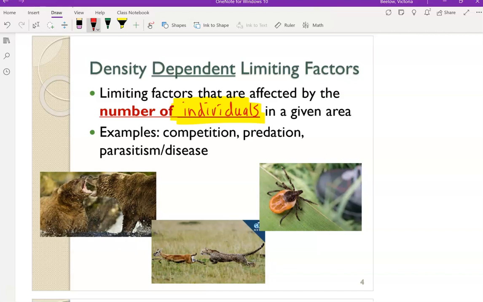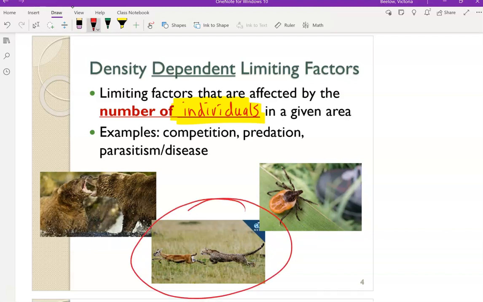Examples include competition. Organisms compete with each other, and how much they have to fight for resources depends on how many other individuals they are competing with in that area. So when you have other individuals that you have to compete with for resources, that's going to keep the population size down.